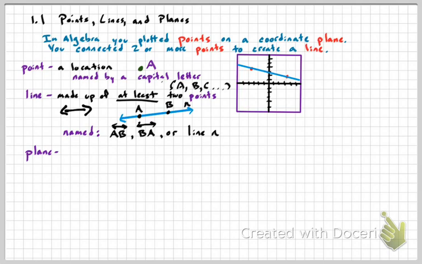I don't want to just have n, we want to say line n. So if I'm naming a line, I can either use 2 points that are on the line, or if it has a lowercase letter next to it, I can use that letter and say line n or line x or m, all right?